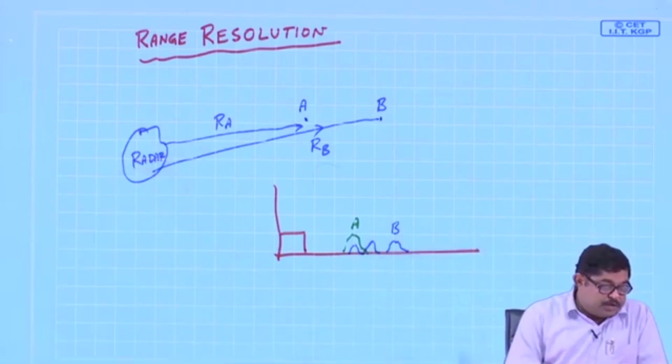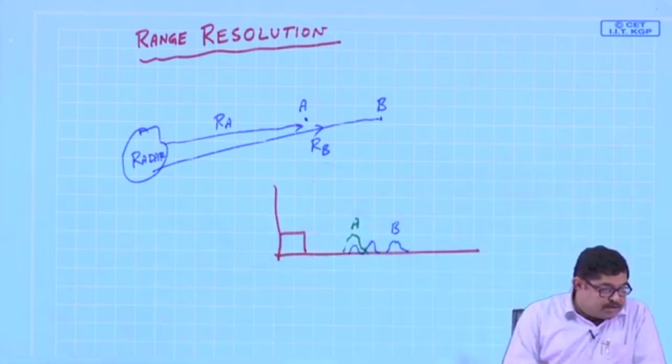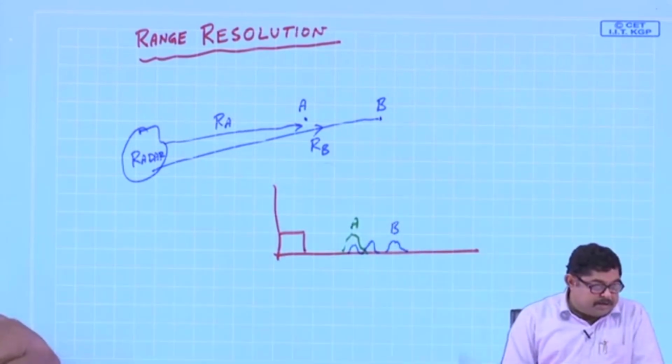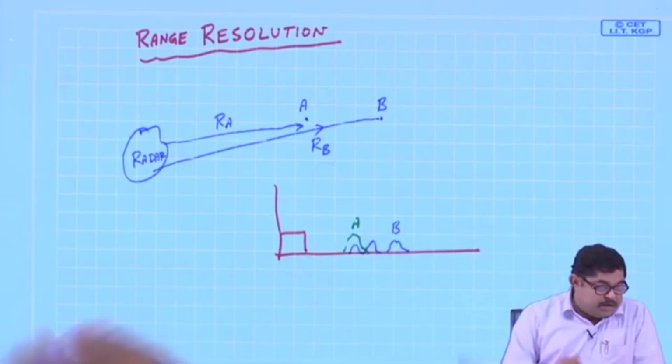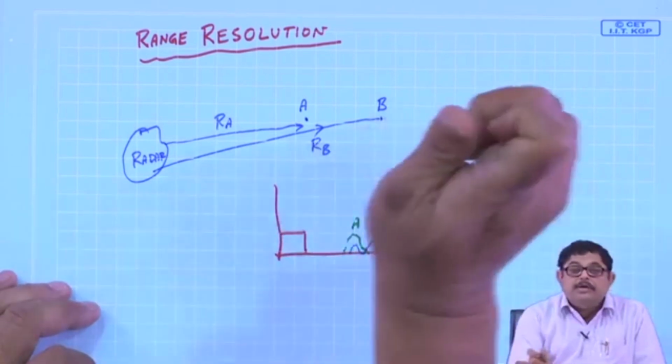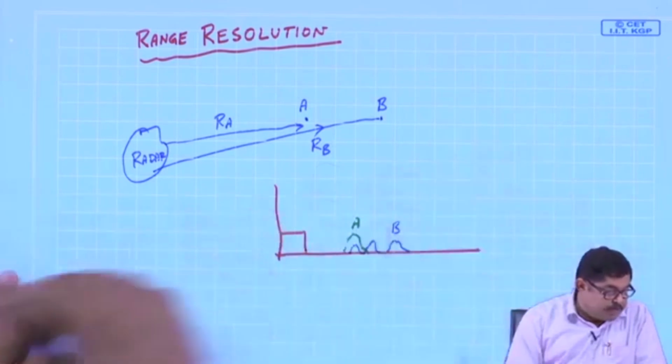So, that means, if I produce a wide transmitted pulse, that will also produce a wide echo. Hence, narrower the transmitted pulse, the resolution improves.